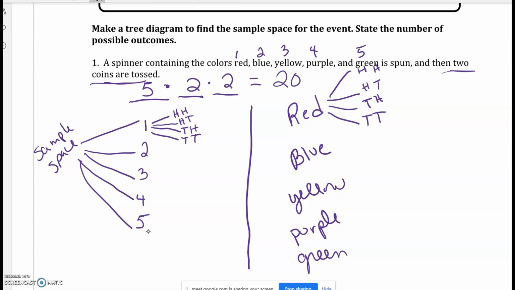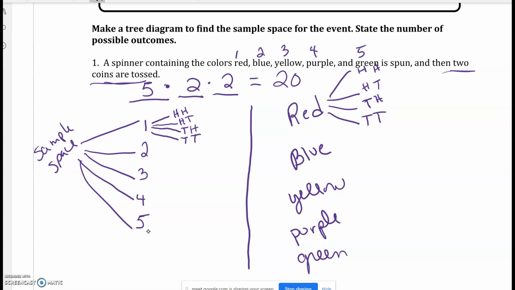And so then here we go. Our possibility could be red with the first toss head, the second toss head. Red with the first toss head, second toss tails. Red with the first toss tail, the second toss head, and red with first tail and the second tail.